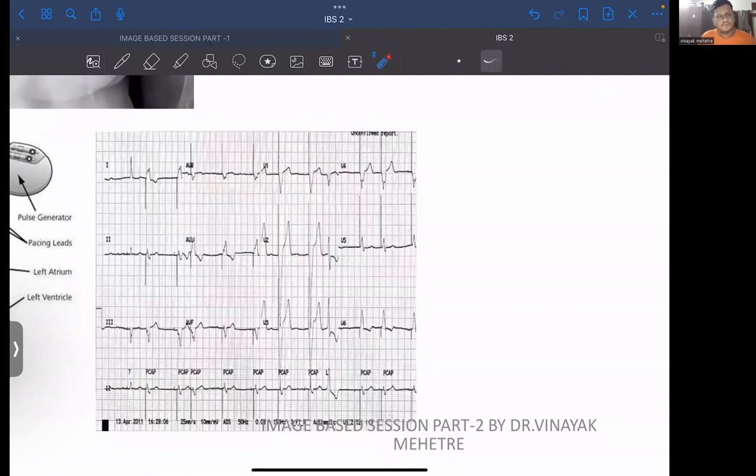Then comes a forensic medicine question. Before declaring a patient with a pacemaker dead, what should we do? Remember, we have to remove that pacemaker.